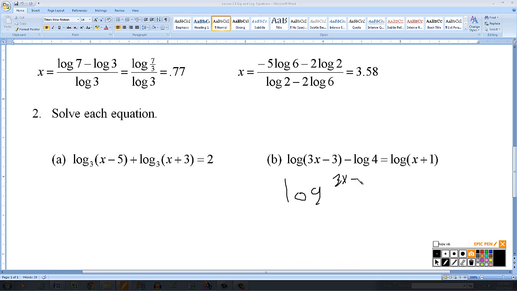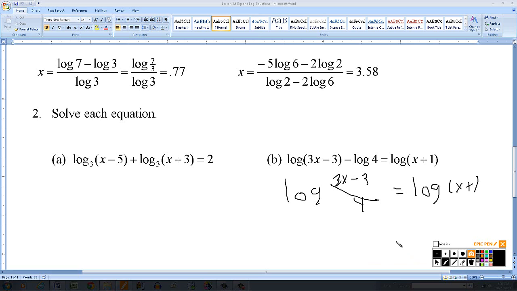Notice this is base 10. So this is equal to the log of x plus 1. Okay, so I rewrote the left side as a single log, the log of 3x minus 3 over 4. And the right side I just left it as the log of x plus 1.